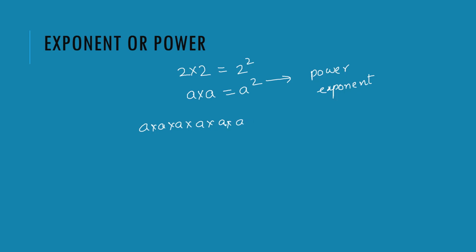So this is A to the power 6. Okay. Now let me do a quick check. Can you write it in the exponential form and tell me the power?